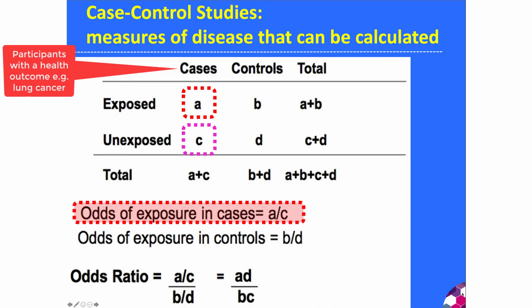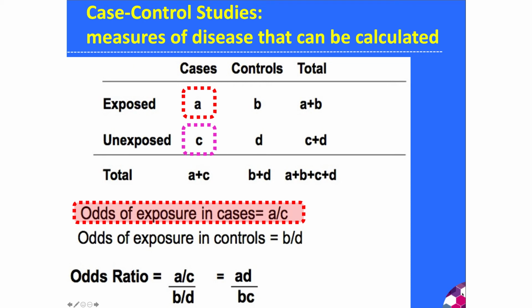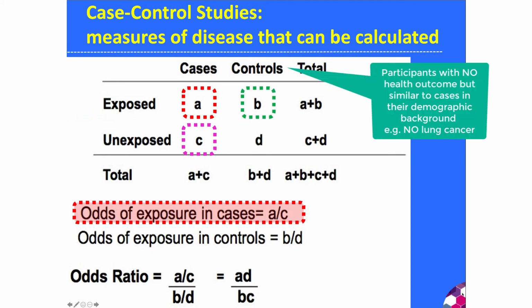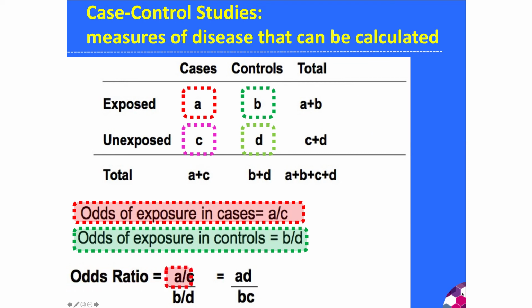The odds of exposure are A divided by C. We can do the same with controls: the group of controls who have been exposed and the group of controls who have not been exposed. Again, we can work out the odds of exposure in the controls, B divided by D. And there it is, A divided by C, B divided by D, that's the odds ratio.